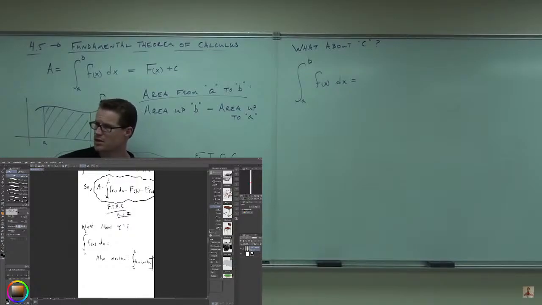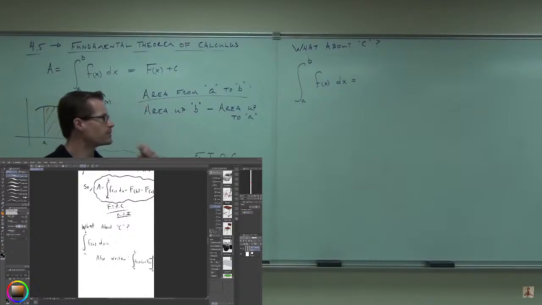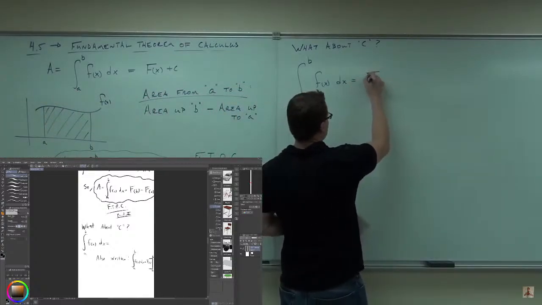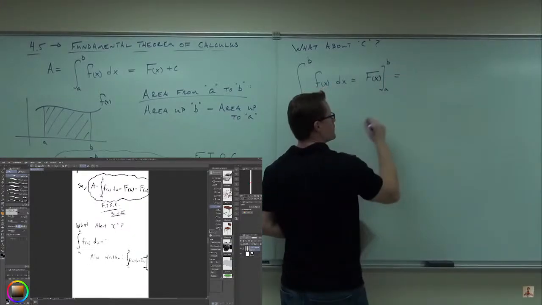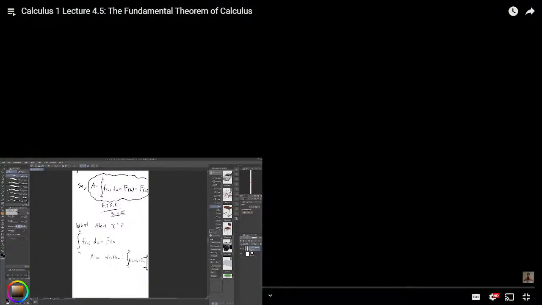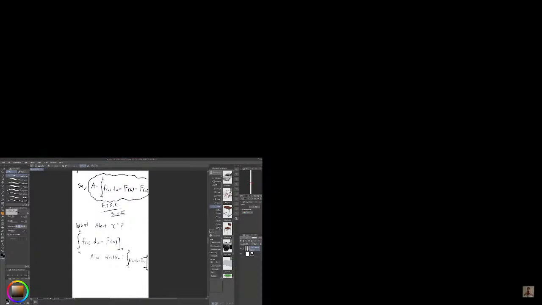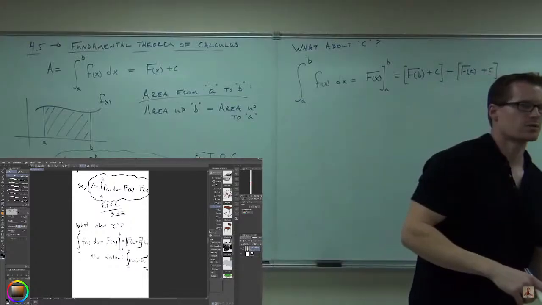Are you guys okay with the notation? So when you see that line right there, it's like half a bracket, goes from A to B, that's what that means. So if this equals this, and this equals this, let's suppose that we actually included the C. Now, some of you might be wondering, why don't we have a C1 and a C2?